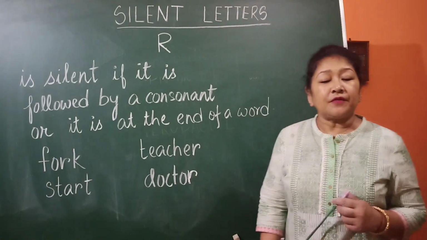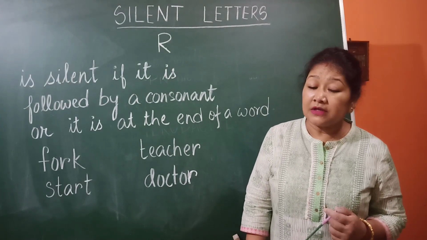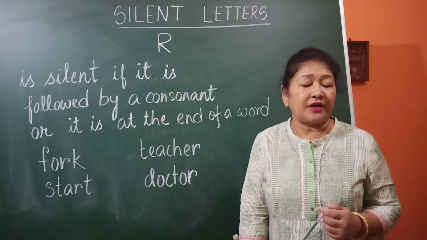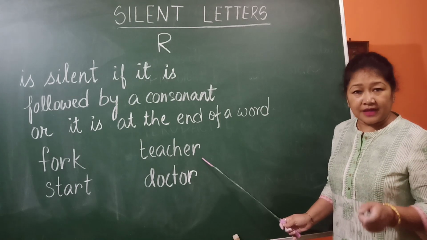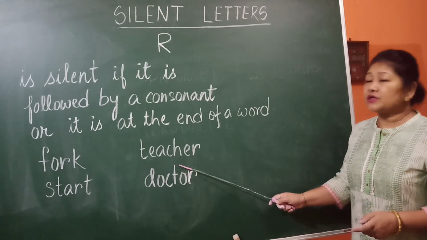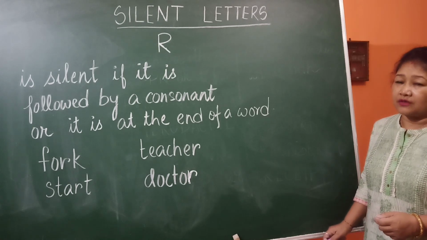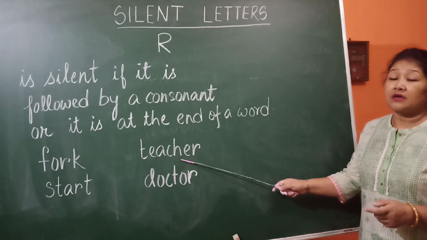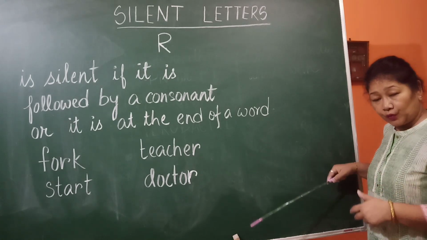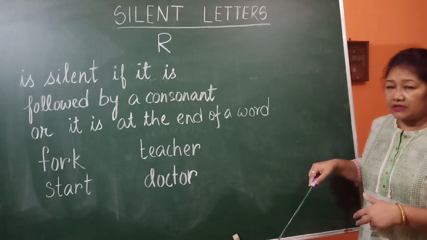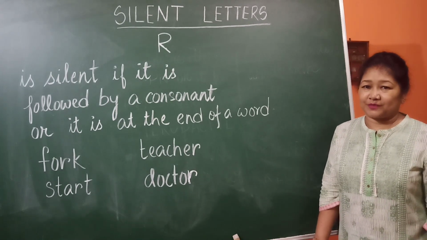However, if the following word starts with a vowel sound, we normally pronounce the R. For example, the teacher is teaching English. The teacher, we pronounce the R as it is followed by "is", a vowel sound. The teacher is teaching English.